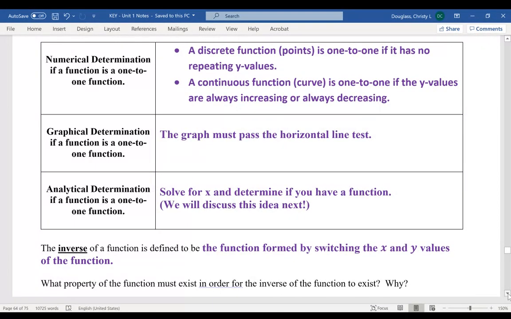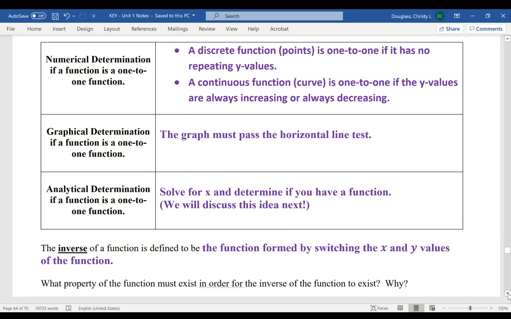Graphically speaking, if we have the graph of a function, remember the vertical line test that we used to determine if a relation is a function. So now to determine if it is a one-to-one function, the graph must pass the horizontal line test as well.